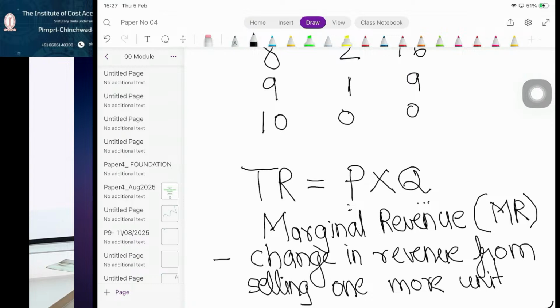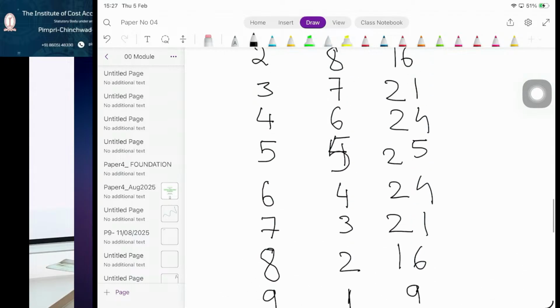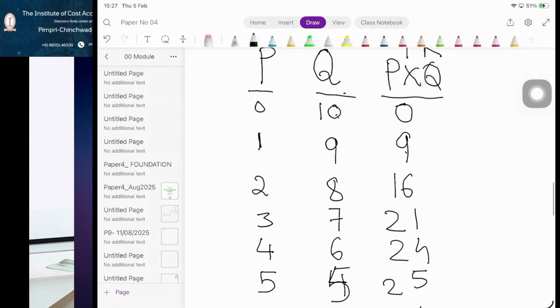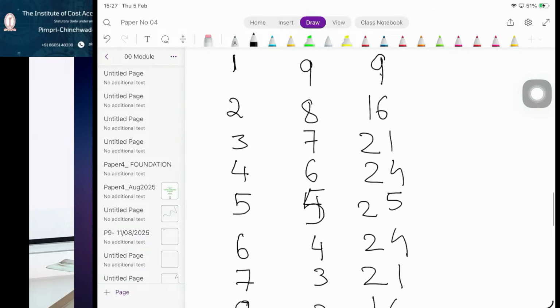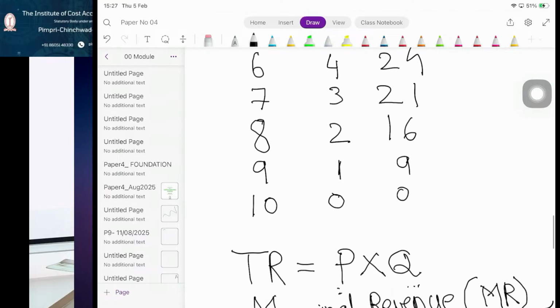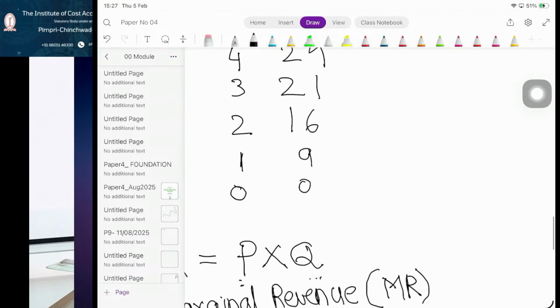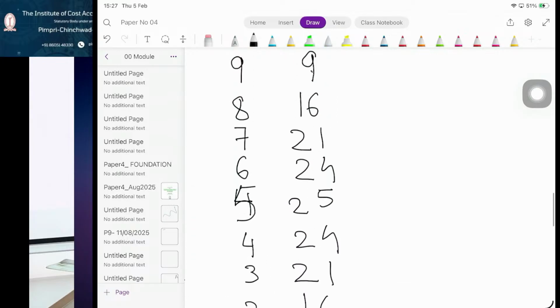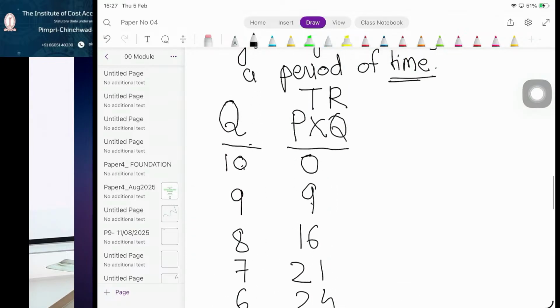The change in revenue from selling one more unit is called marginal revenue.